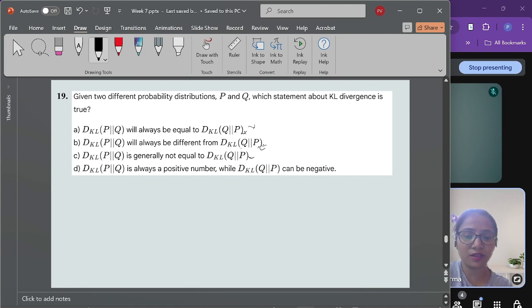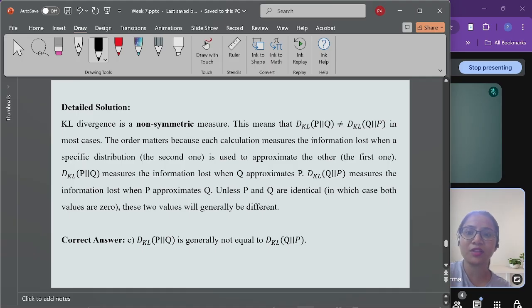So let's dive into the explanation. KL divergence is a non-symmetric measure, which means D_KL(P||Q) should not be equal to D_KL(Q||P).